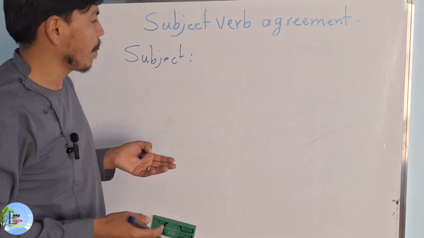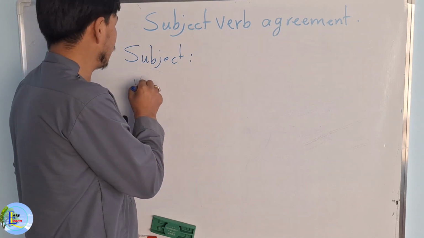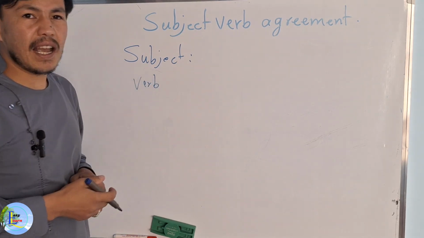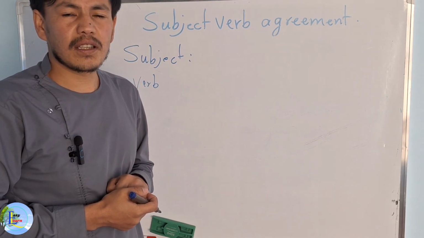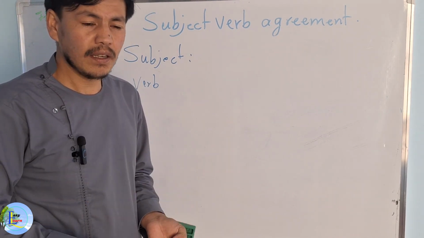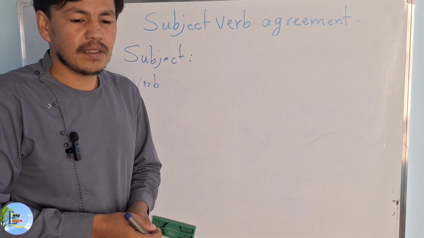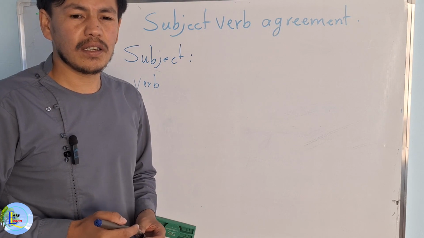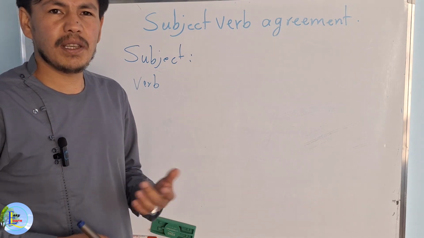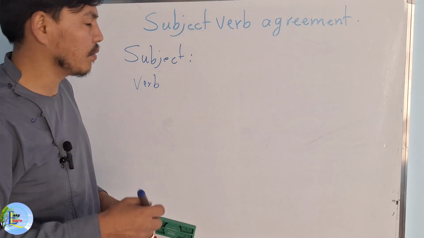What is a verb? A verb is the action itself, or it describes the state of being, and an action which is done, or is being done, by a subject.